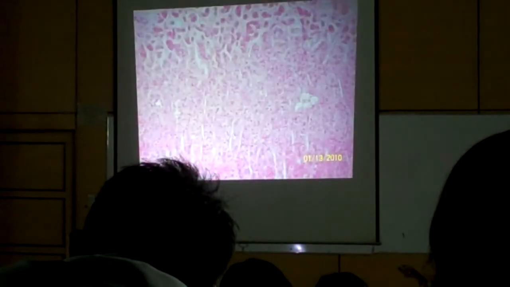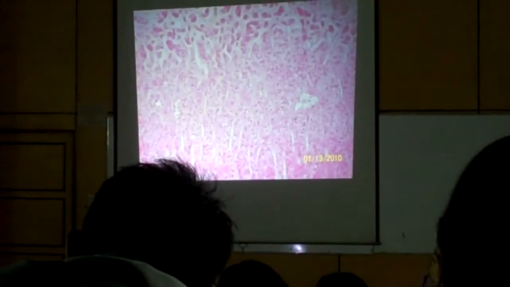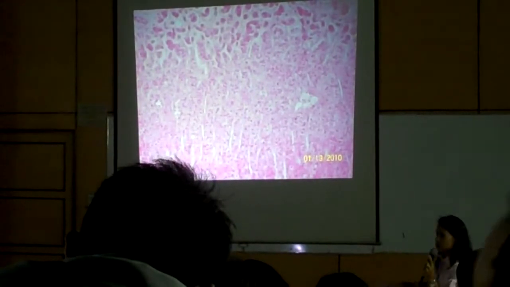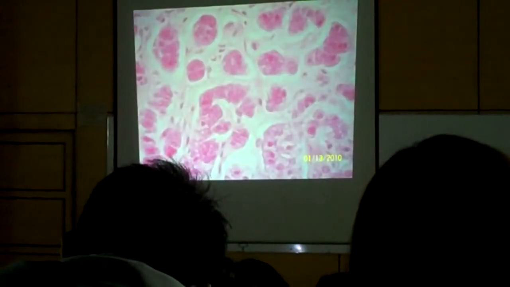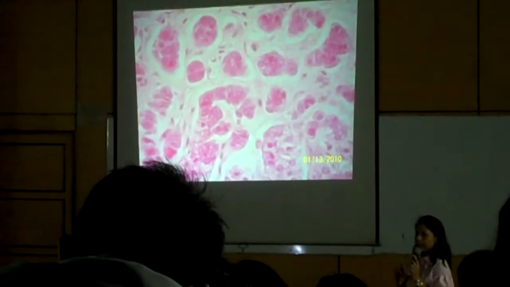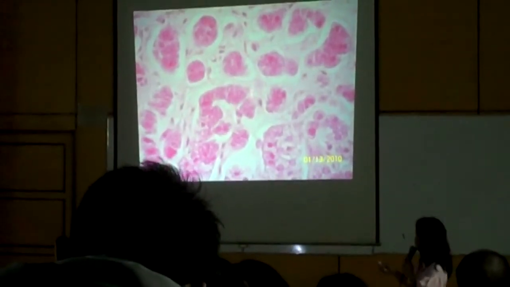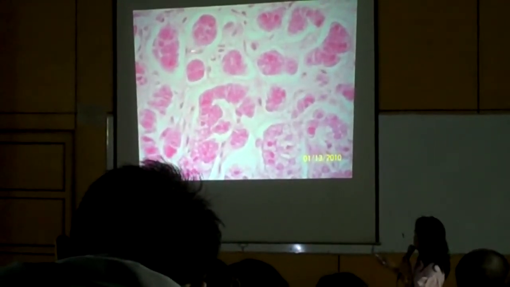Okay, note that fasciculata is the thickest, appears the thickest on the slide, and the lightest in staining characteristic. Okay, glomerulosa, the arch-like pattern of cell distribution.